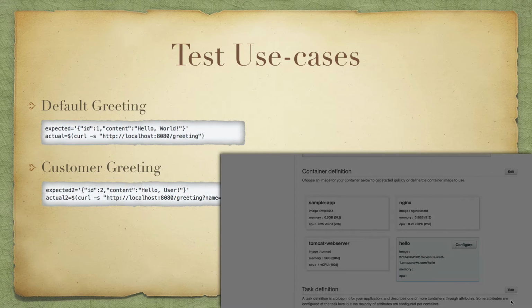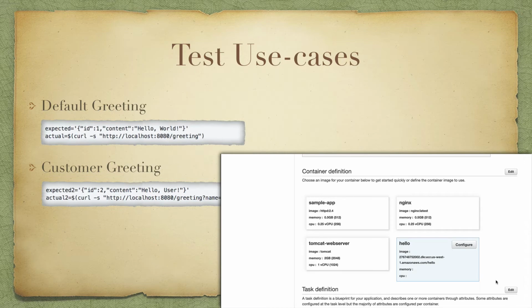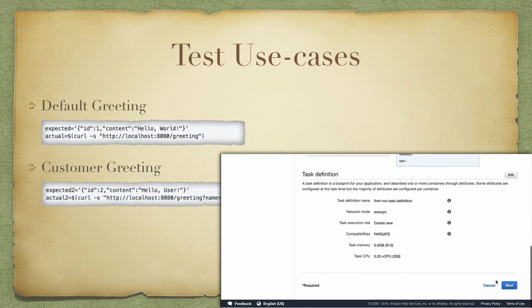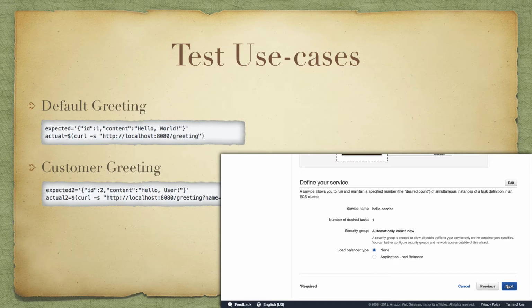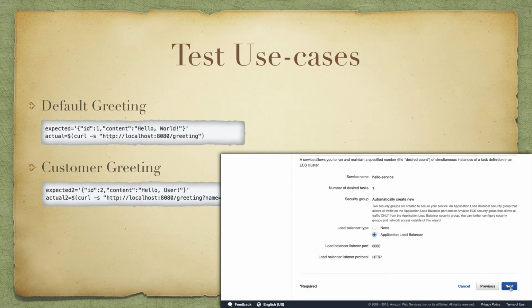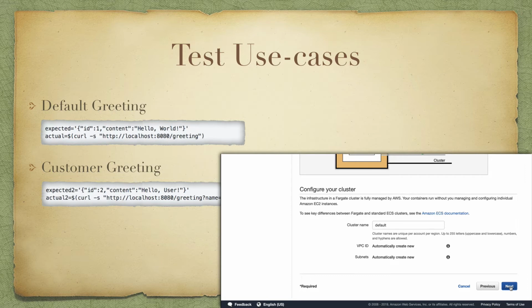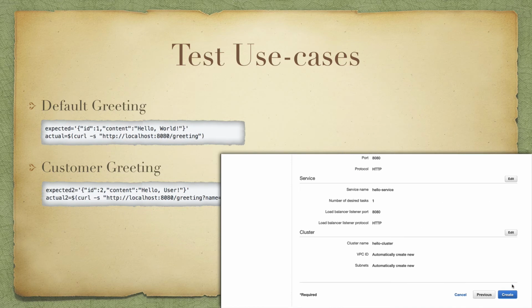Press Update. Now continue. Press Next. We need to make sure the service will be reachable, therefore we need to add an application load balancer. Press Next. Let's give this cluster an appropriate name. Hello cluster. Press Next. Review the summary, and press Create to finish.